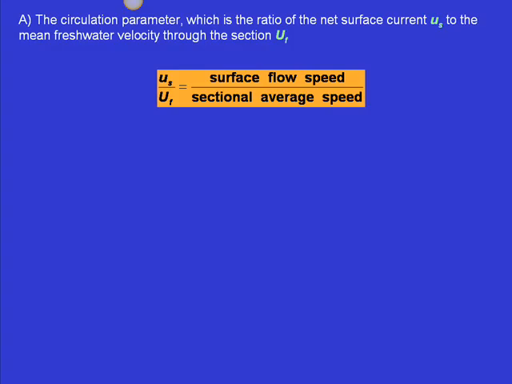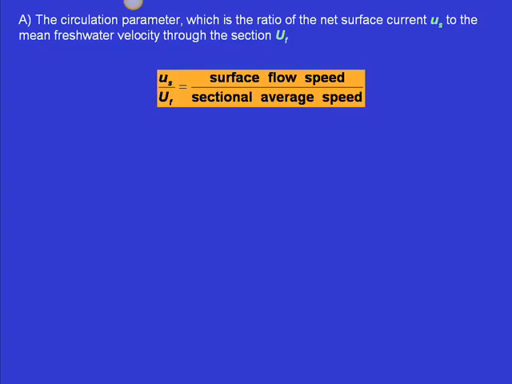Now what happens if throughout this whole section we have flow going in approximately the same direction as the surface? Then this ratio will be small, order 1. So this ratio can take values between 1 and 100, 1,000, 10,000. The larger this ratio is, the more indicative of a two-layer circulation, or gravitational exchange, or estuarine circulation.